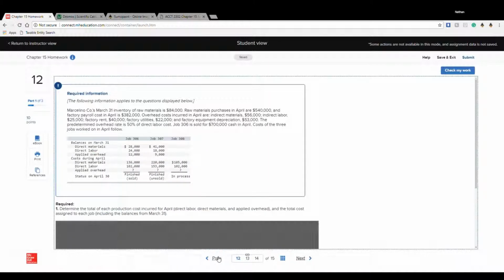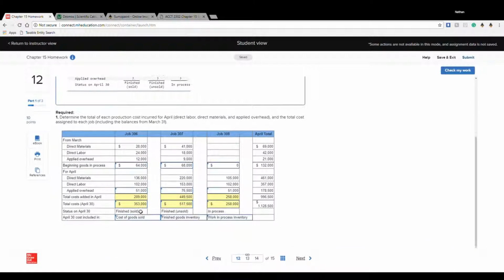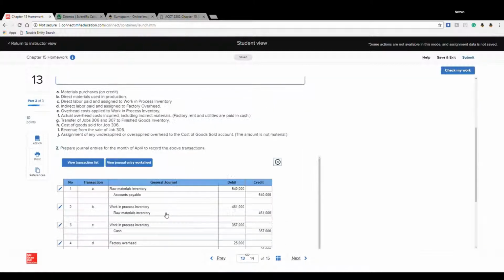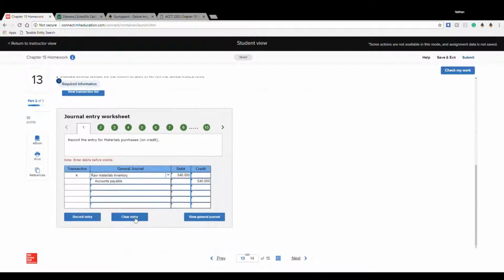All we have to do is put in a number. Here, again, we're looking at applied overhead. So we had 178,500. Always love it when they add for us. So 178,500.